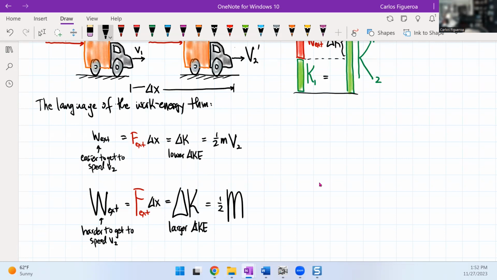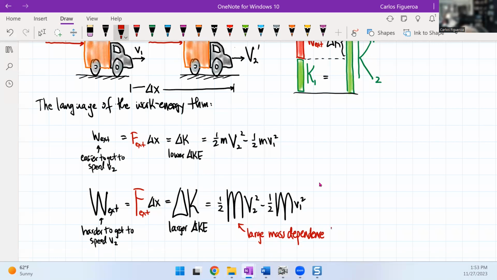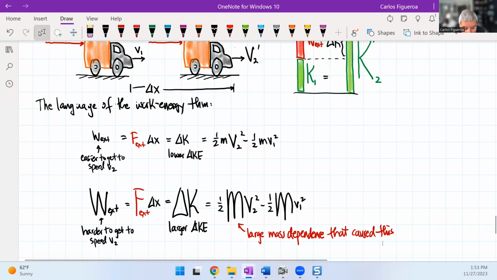So even though they reached the same speeds, we can see here that it was the mass dependence that caused this. That's what we mean by kinetic energy right there. Okay, that's what we mean by kinetic energy.